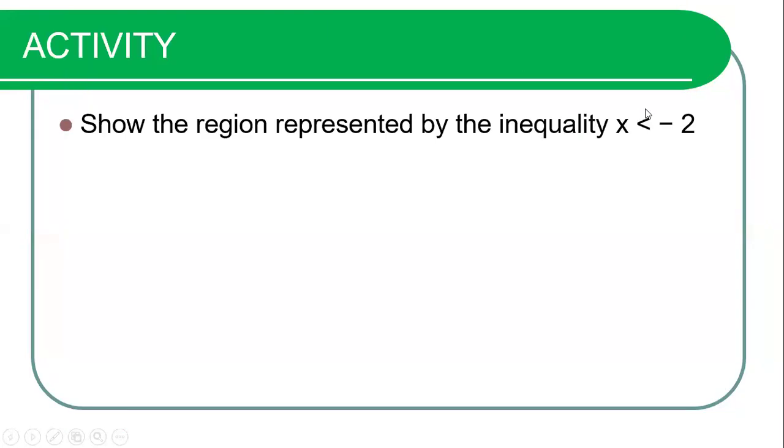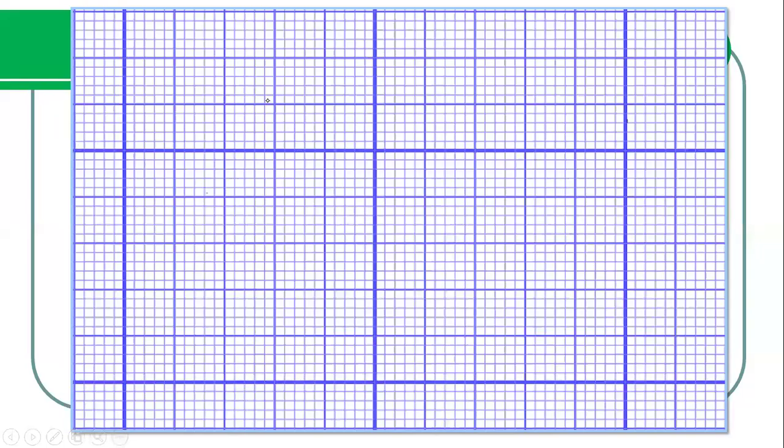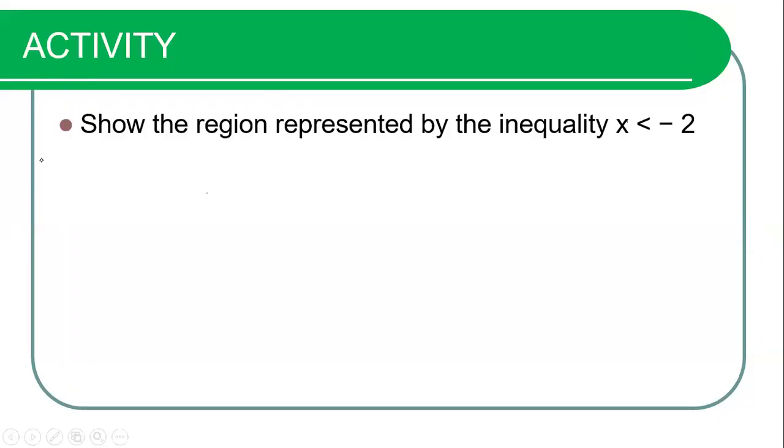Another number we are going to do: show the region represented by... Now I'm going to ask you, we are going to ignore this. Okay, wait. So we are going to ignore this, and now you're going to put for me here, y less than or equal to 2.